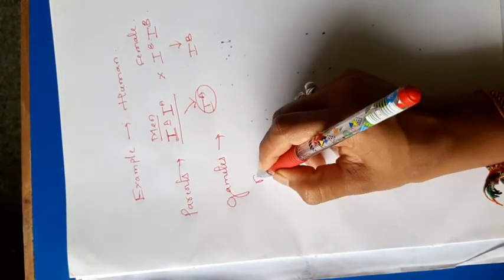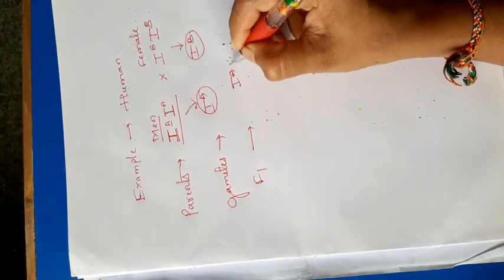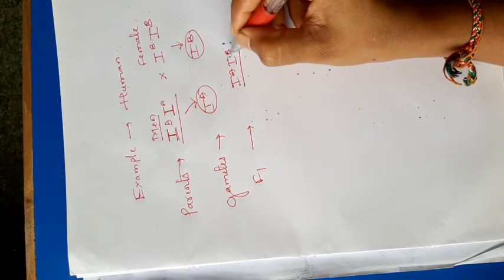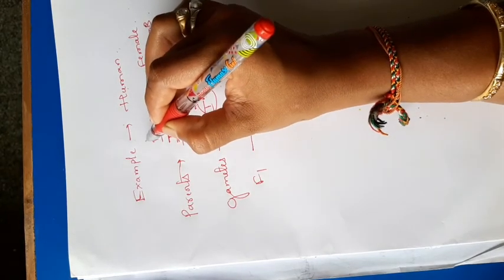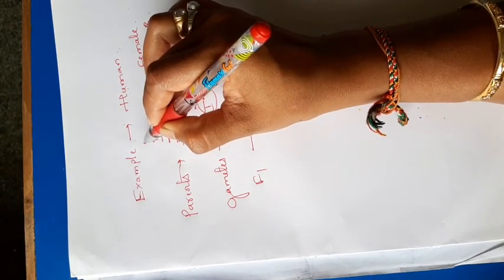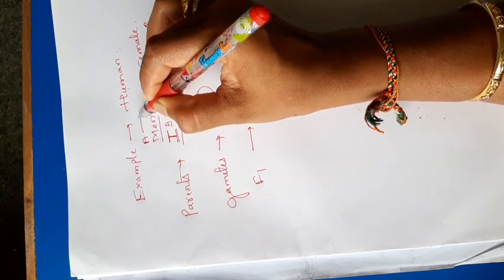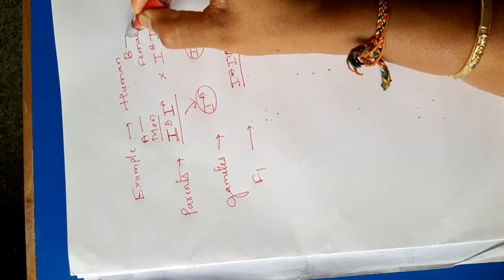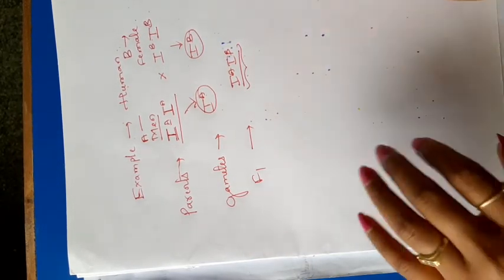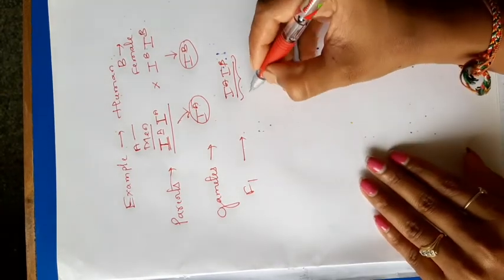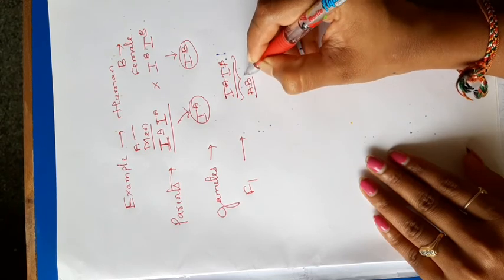Then the F1, that is the next generation baby, has both the alleles. If the father has blood group A and the female has blood group B, the F1 hybrid or next generation baby must have the AB blood group.